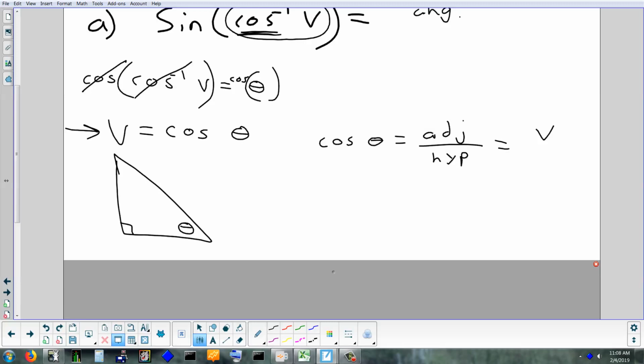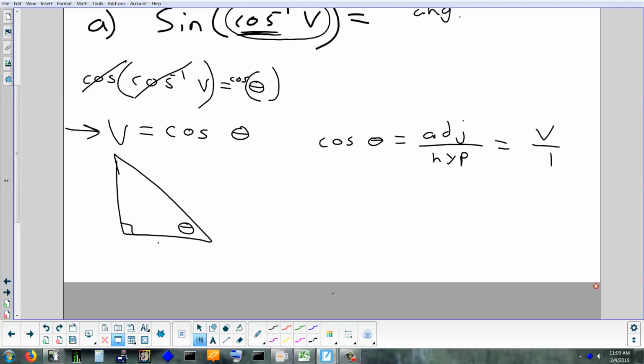Now, if you can write v as a fraction, that will automatically tell you what to label the adjacent and what to label the hypotenuse as. So how could you write v as a fraction? Yeah, just put it over 1. Now, you just figured out two sides in this diagram. The adjacent side is v, the hypotenuse is 1.